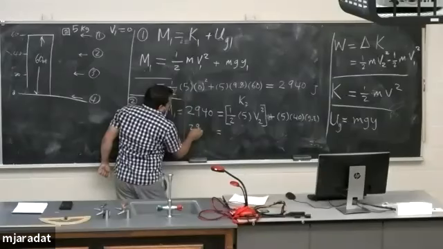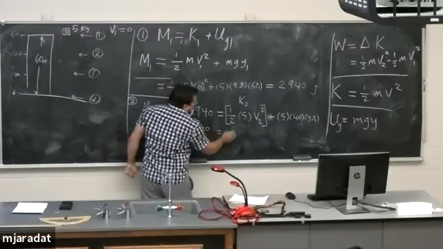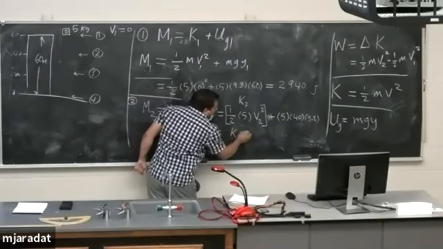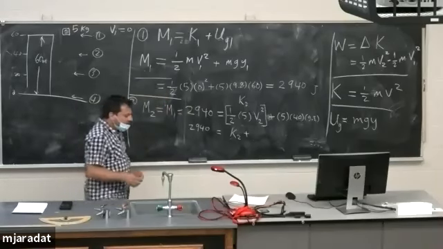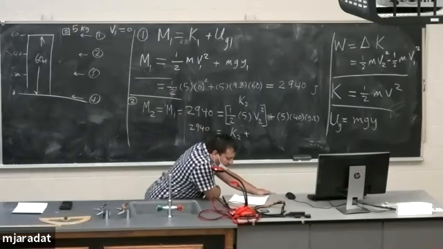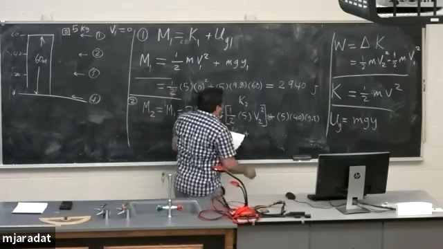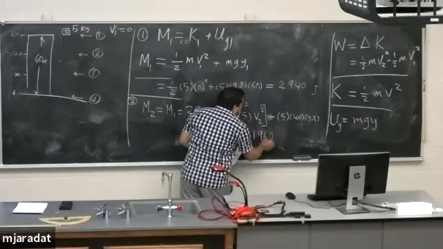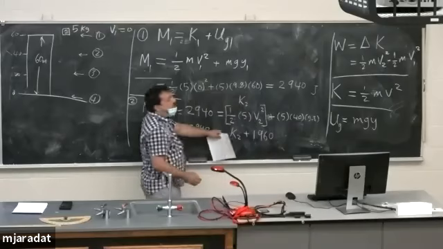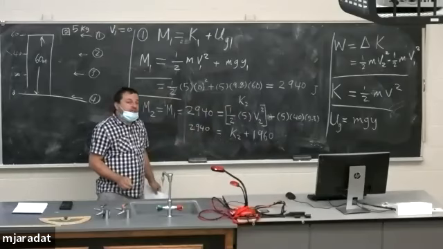So 2,940 is equal to the kinetic energy at point number 2 plus the potential energy at point number 2, which is 1,960 joules. What is the kinetic energy in this case?